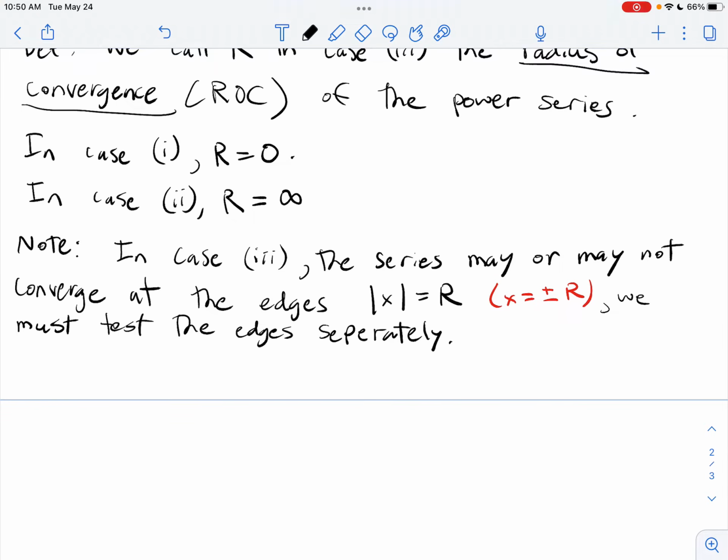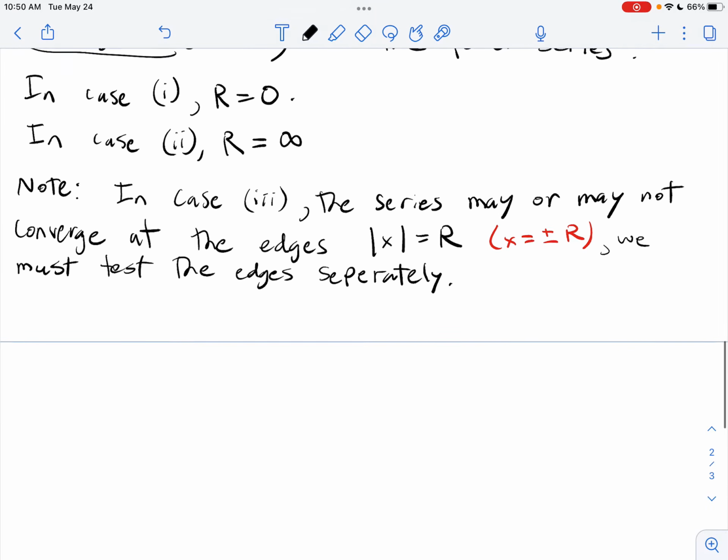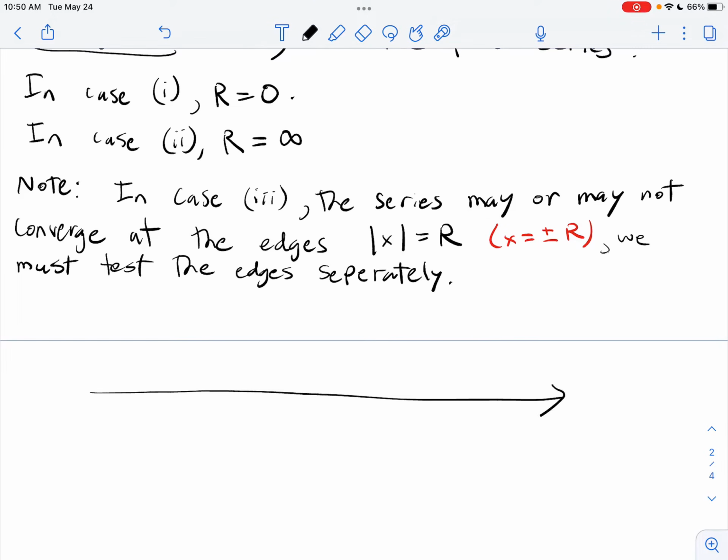Okay, so if we were to draw a picture of what we're talking about, it looks like the following, right? So in other words, if this is case 3, and this is x equals 0, and this is x equals r, and this is x equals negative r, I want you guys to imagine that we converge everywhere along here.